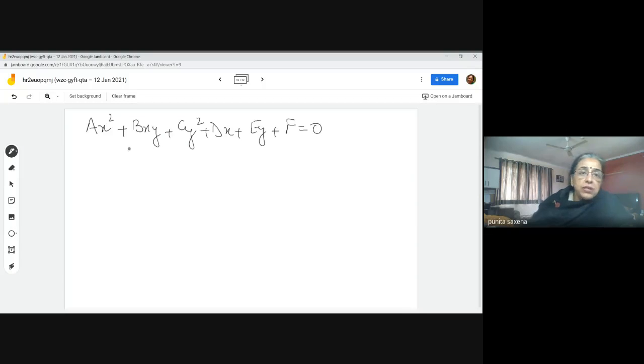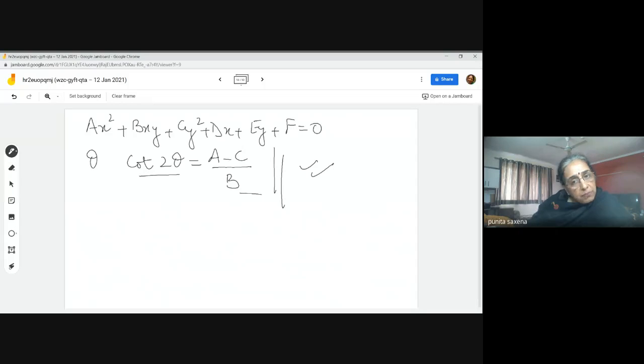So what we do is we first of all find theta from here. Once you find theta, it is given by the equation cot 2θ = (a − c)/b. Now this relationship is to be remembered by heart. That cot 2θ is equal to (a − c)/b.